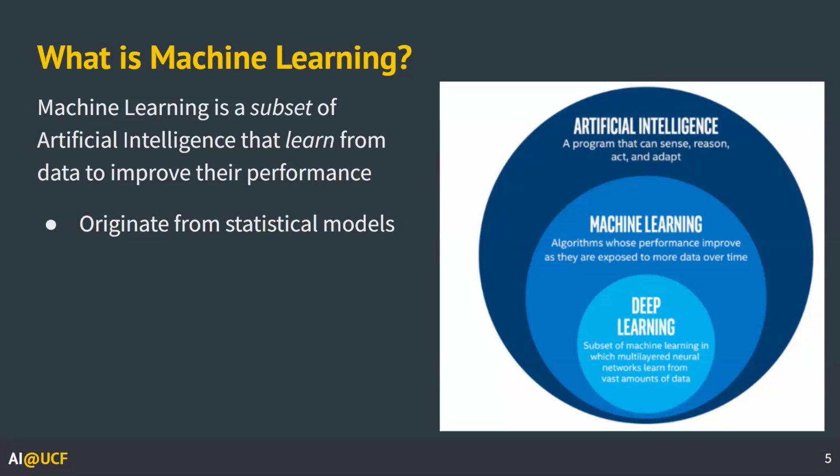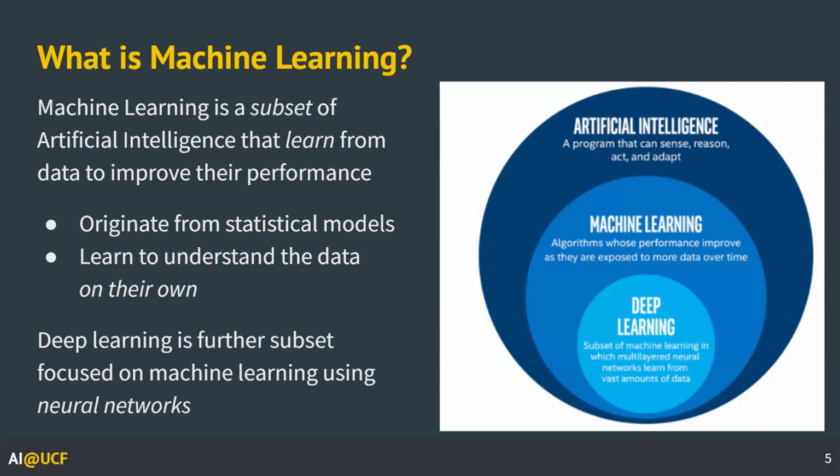They're originally from statistical models, which are near centuries old, and are an improvement and extension upon that. The big thing about them compared to other techniques is that they learn about the data they're given on their own. And you may have heard of deep learning, which is a further subset of machine learning that is specifically focused on neural networks.